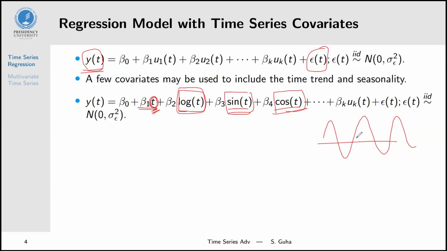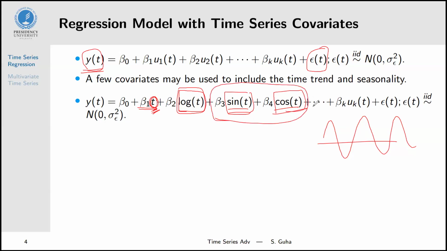That will actually give you multiple seasonality. There may be time series data where, instead of a single kind of seasonality, there may be multiple seasonality. Like there may be one seasonality according to the day of the week, then one according to the month you are considering. In such cases, there may be multiple seasonality in the data, and you can easily accommodate those using such functions.